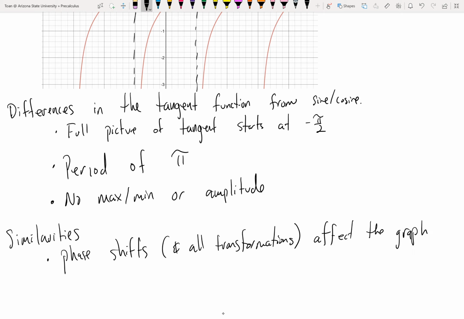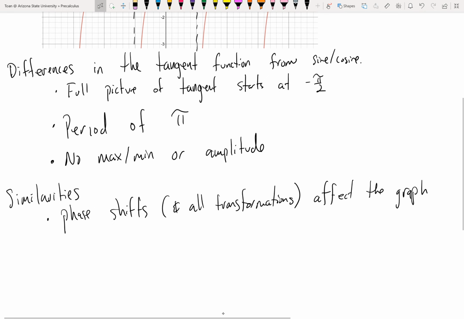No function is exempt from function transformations. And while tangent doesn't have an equilibrium line, or a sinusoidal axis, or a principal axis, because it really doesn't balance, it doesn't really oscillate or bounce back and forth between a particular line, it still has sort of a zero or a midline.